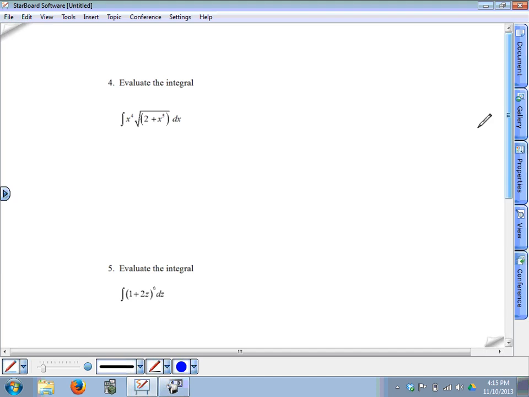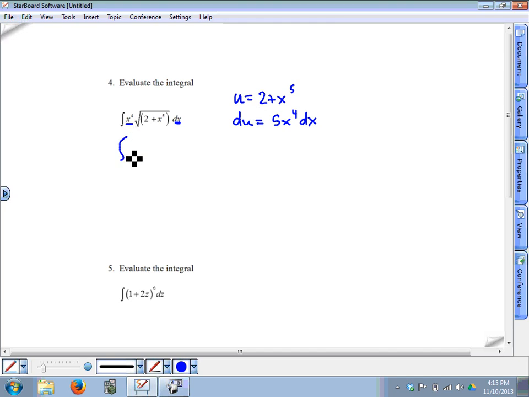Okay, question 4, taking the indefinite integral, we're going to have to use u substitution here. So if we let u equal 2 plus x to the fifth, and du is equal to 5 x to the fourth dx. So we have the x to the fourth and the dx, but we're missing this 5.